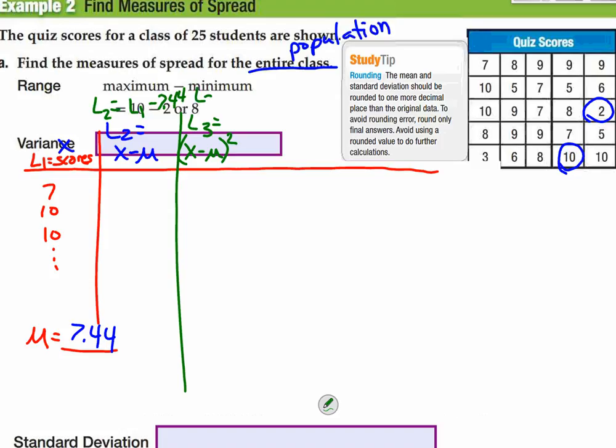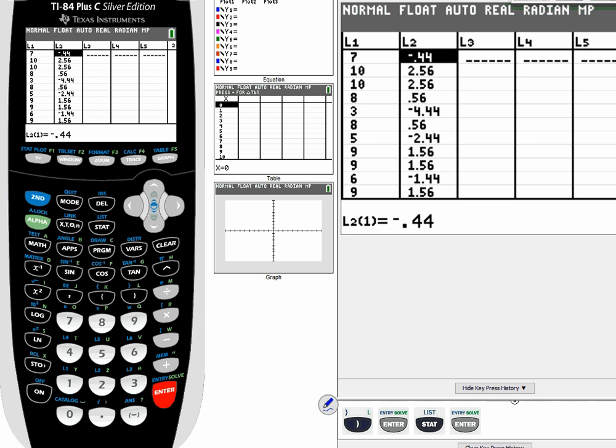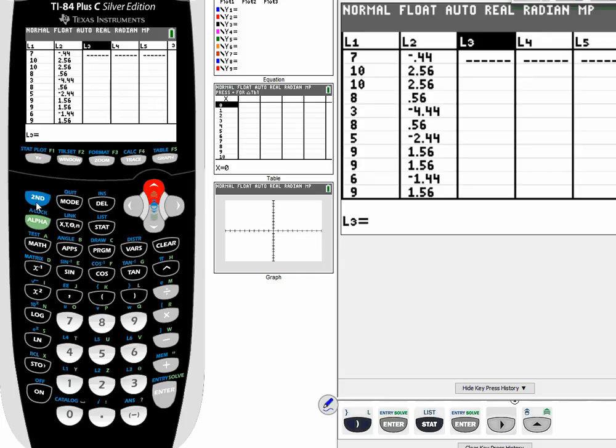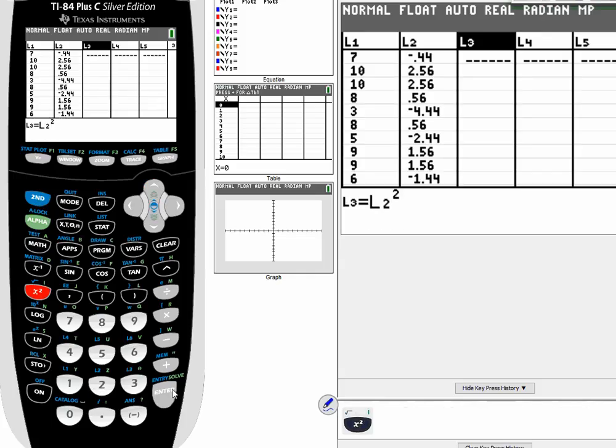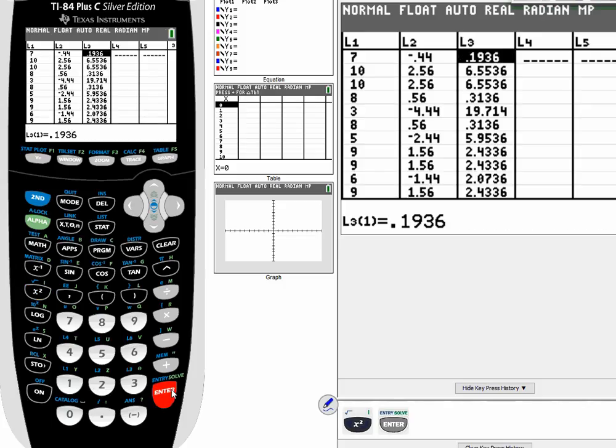And then list 3 is going to be list 2 squared. So we'll just square list 2 to get that answer. So now back to the calculator, and I know this is taking me a little bit, but that's okay. So remember, go all the way to the top, and this is going to be list 2, second 2, and just squared, and I'll enter. And now those are all positive values.